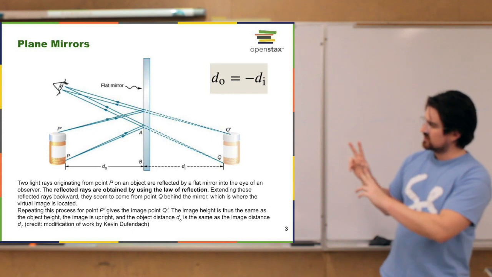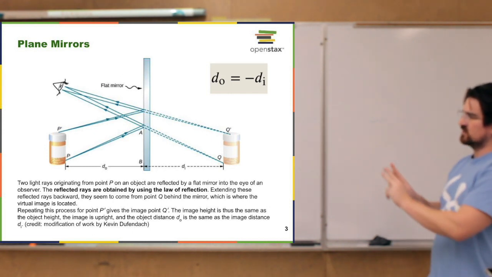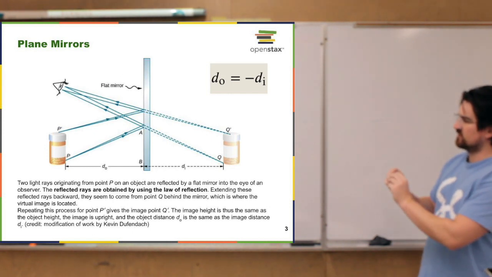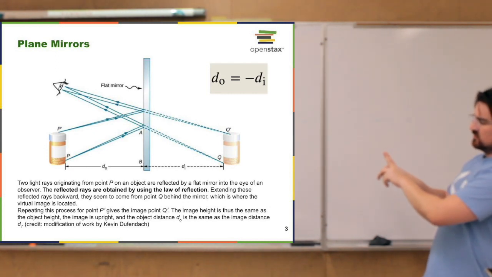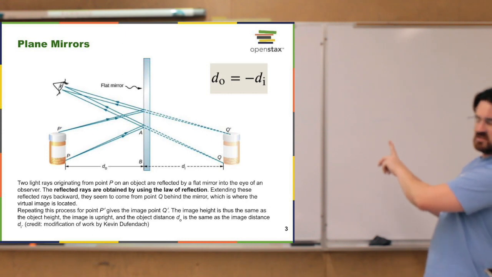If we look at this picture, we can see some rays. We propagate some rays, say from the bottom of our object, from point P. Remember, we can think about two rays leaving from the same point.